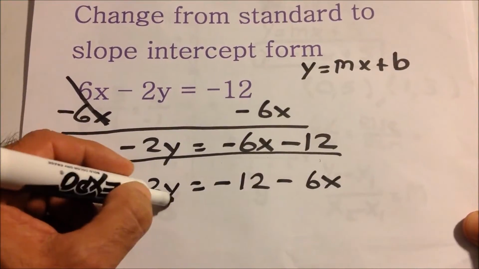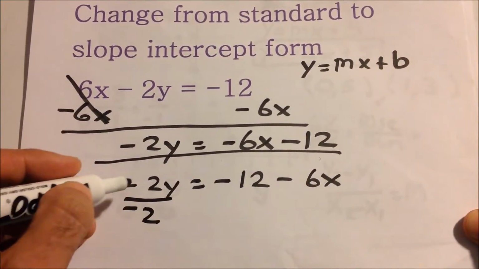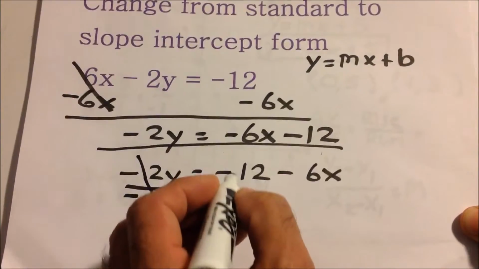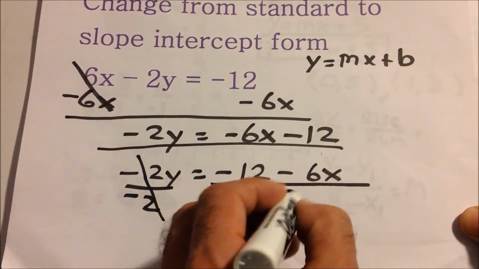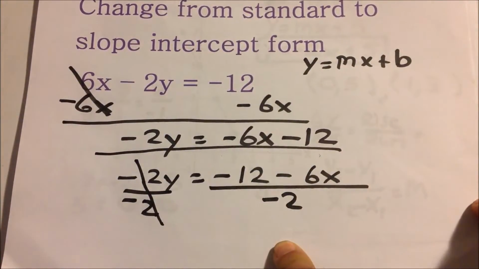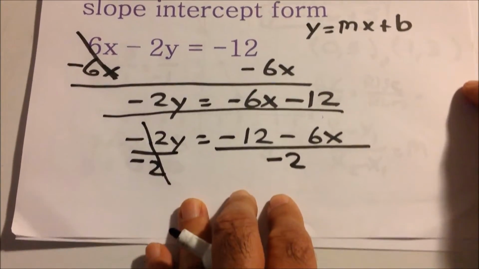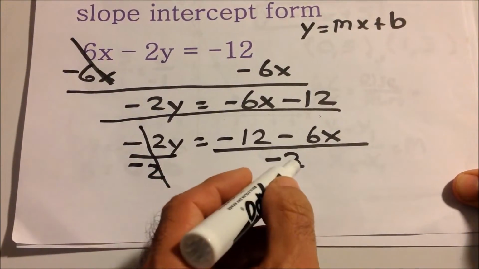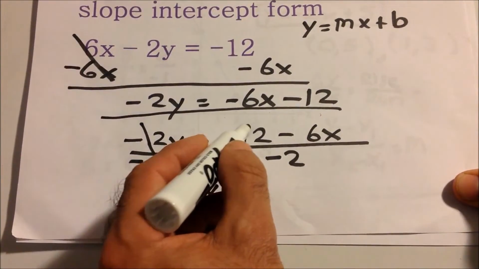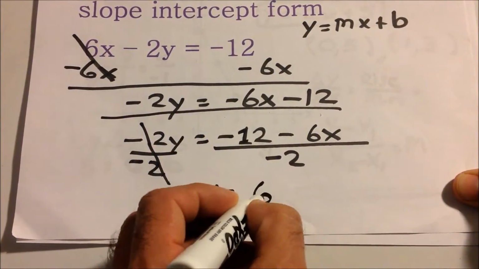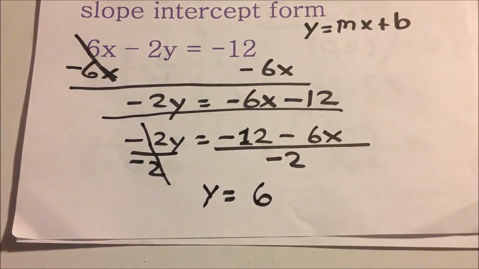We have to get that negative 2 out of there by dividing. Remember, you're doing the opposite operations. That cancels. And then we want to divide the negative 2 to both of these. Alright, bring that up. So we have our y by itself now. Negative 12 divided by negative 2 will give us a 6, because negative and negative, like terms, will become positive.